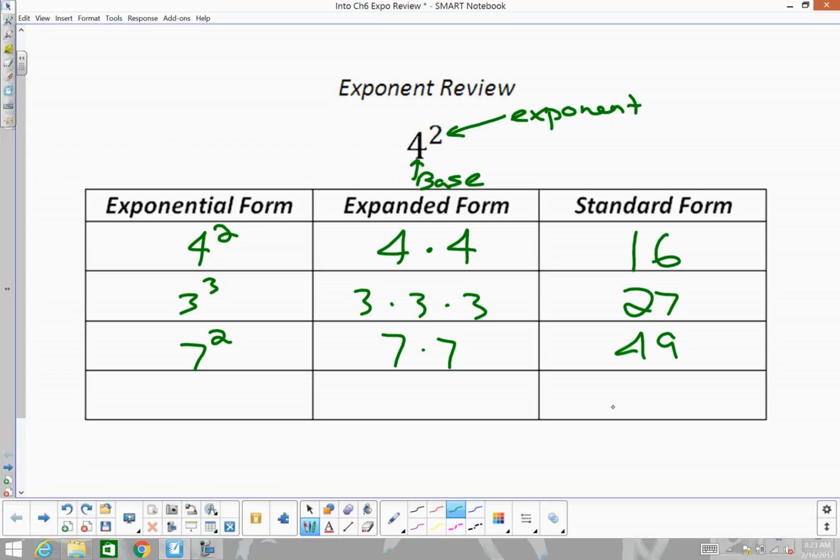Awesome. Let's try 121. Same thing, 121 is a perfect square. So what times itself is going to be 121? That's 11 times 11, and that's going to be 11 squared. Okay, so those are just different forms of exponents.